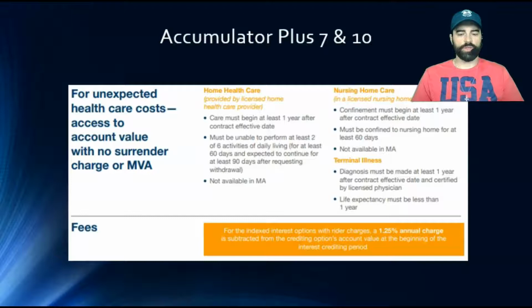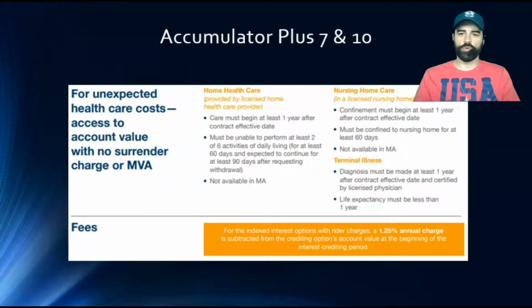You can't perform at least 2 of the 6 activities of daily living for at least 60 days and expect to continue for at least 90 days after requesting that withdrawal. Okay, so there is a little bit of a waiting period in order to get it. And then even once you've waited that year, you can't perform 2 of the 6 activities for at least 60, and then another 90 is projected.